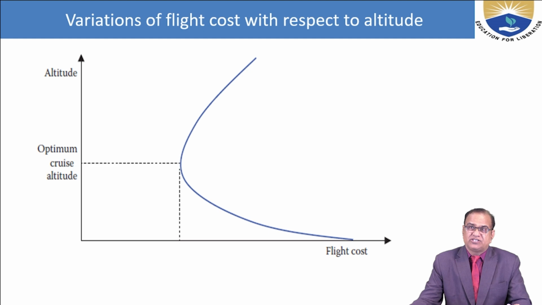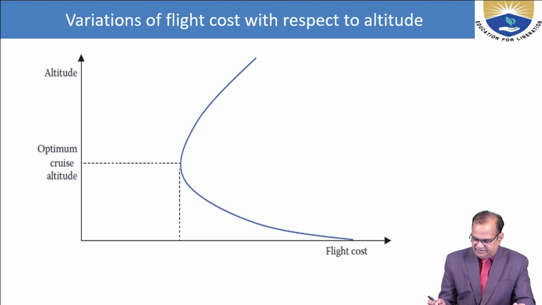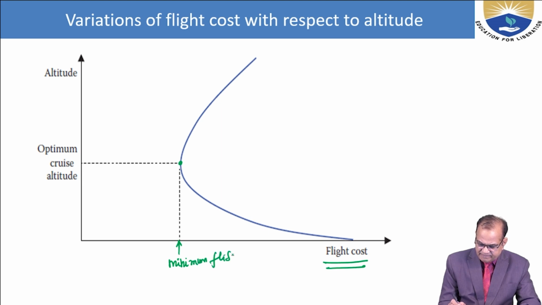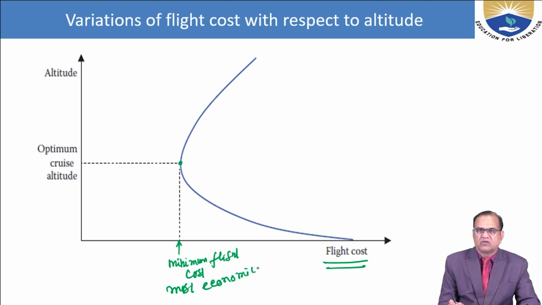Variation of flight cost with respect to the altitude. If you see here, this is the cost factor, and this is the point where you have the minimum flight cost, or most economical flight condition.